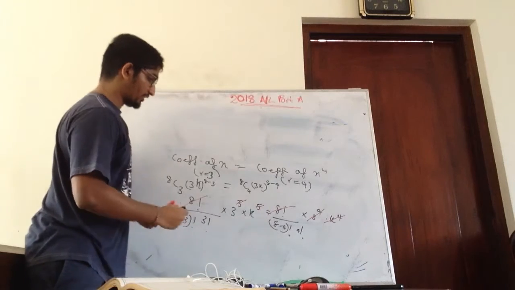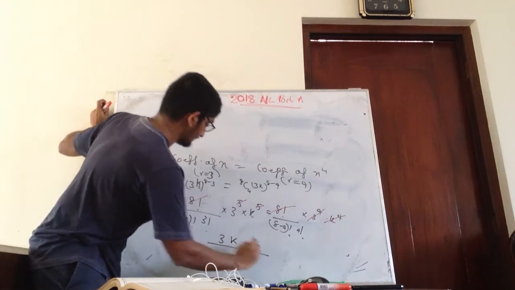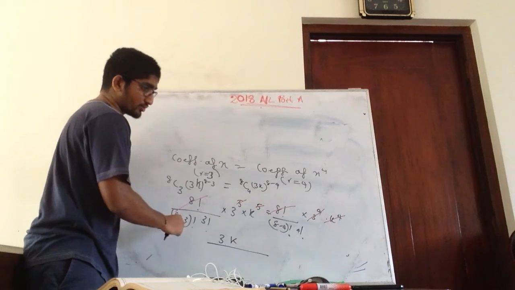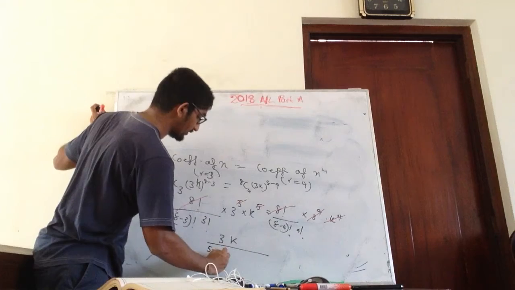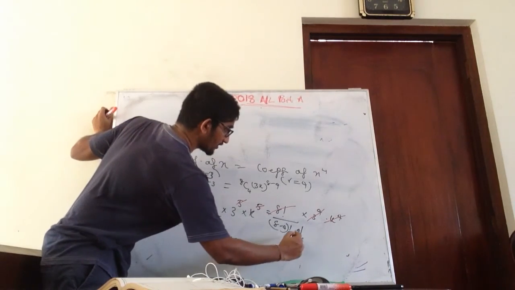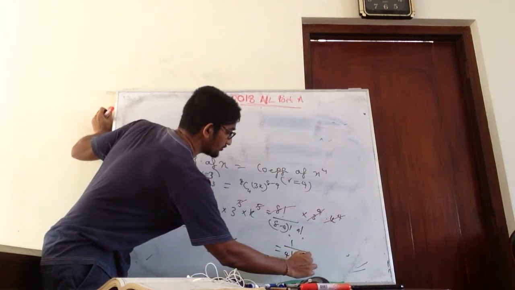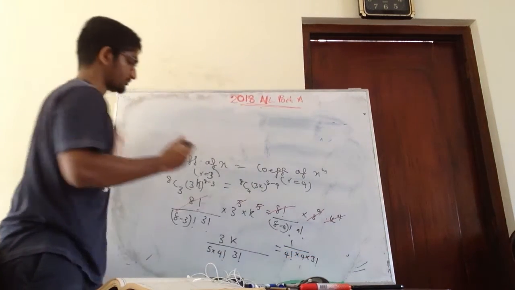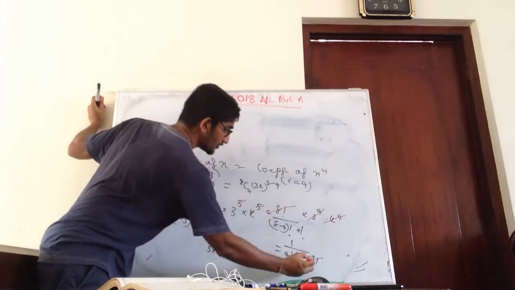So you will get 3k. This is going to be 5 factorial, which I'm going to write as 5 into 4 factorial. This is going to be 3 factorial, which I'm going to write as 1 over 4 factorial, that is 4 into 3 factorial. Now I can cancel these off.